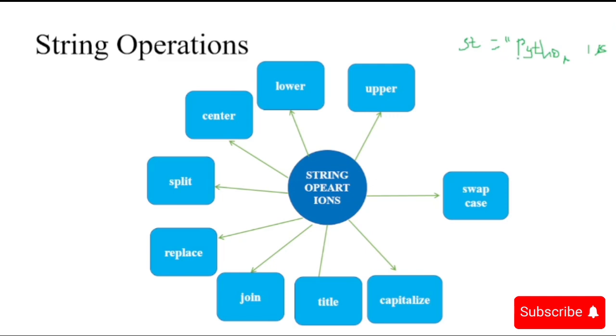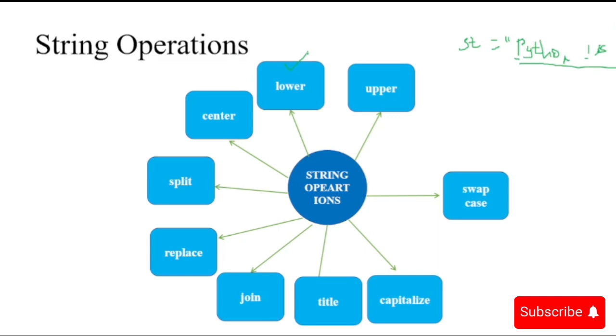For example, P is uppercase and E is uppercase, and maybe I is uppercase. In this case, we will convert all these characters to lowercase. That is the lower string operation. We will understand this in our practical also.